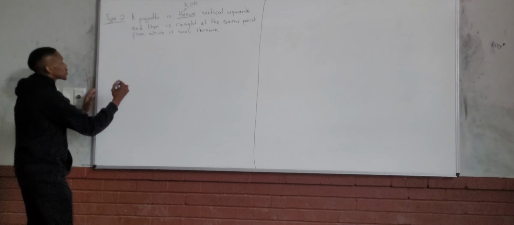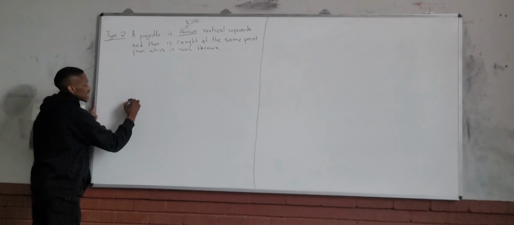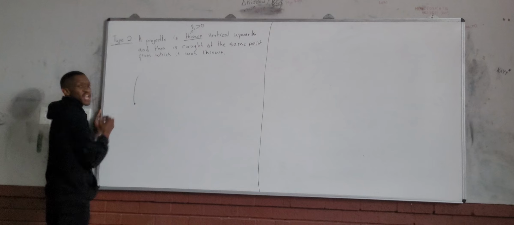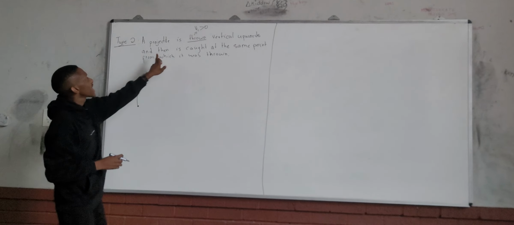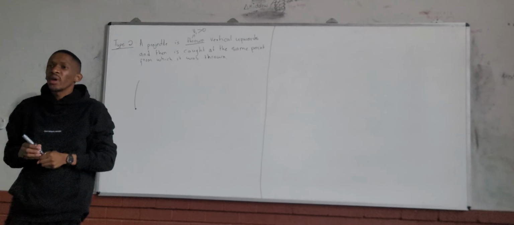So it says to me my projectile started at this point and then it was thrown vertically upwards, and then is caught at the same point.